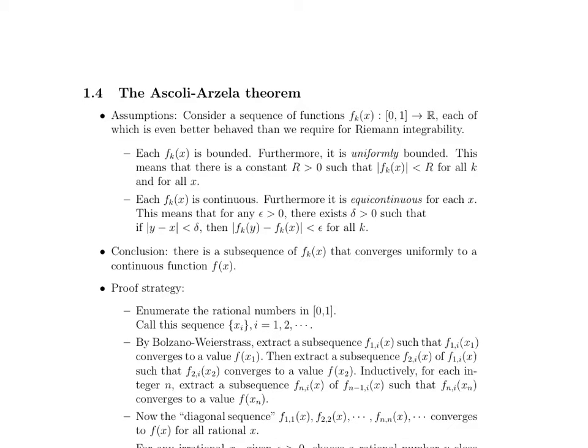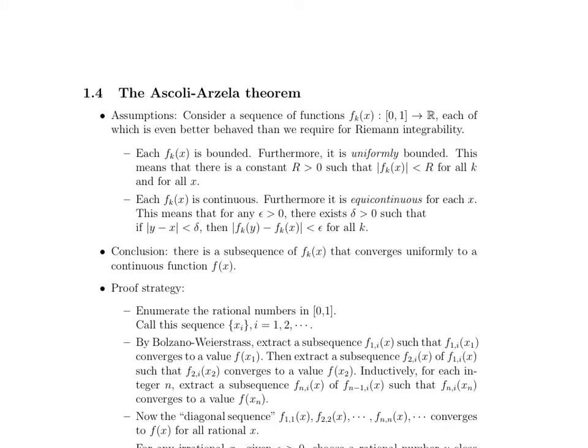Furthermore, the entire sequence itself is equicontinuous for each value of x. Note that that's not uniformly equicontinuous though. That means for any epsilon greater than 0, there exists a delta greater than 0 such that that epsilon-delta partnership that's created for some custom x will ensure the function values are within epsilon of each other at that particular x, and that works for all of the functions in the sequence.